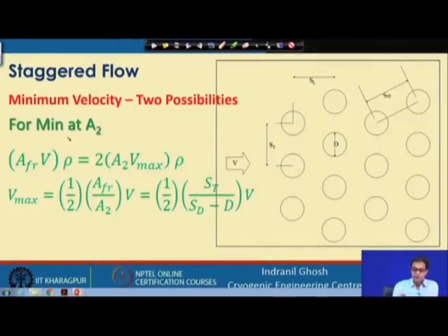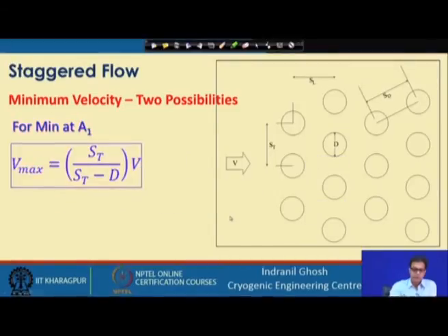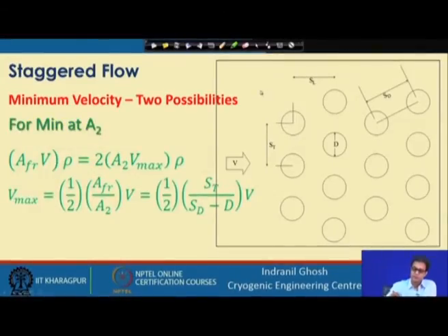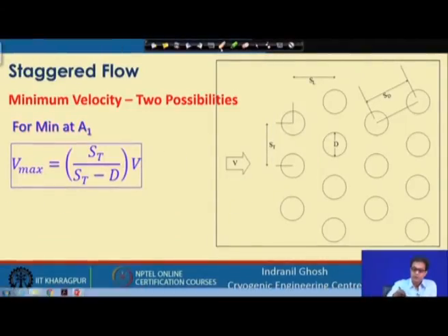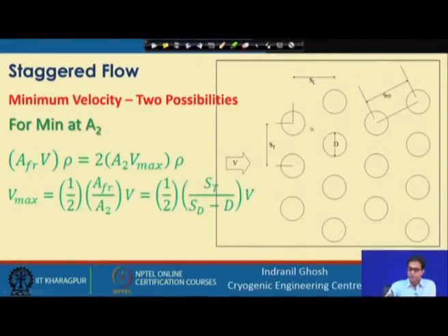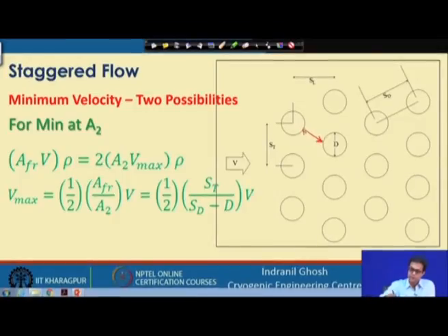If we go back to our previous slide, if we have the minimum free flow area or the maximum velocity occurring at A1, then we have already seen that V max equals ST by ST minus D times V. The other possibility is that the free flow area occurs at this point, where this flow is coming here and this flow is coming over here, so it is getting divided into two parts.